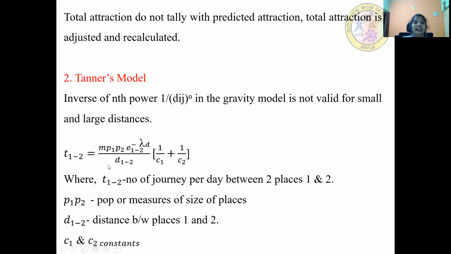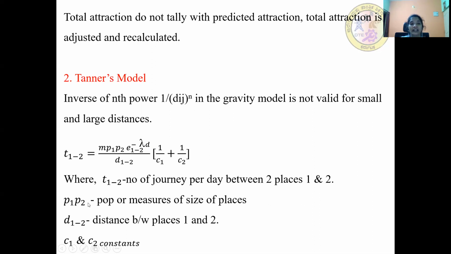Here T12 = m P1 P2 e^(-lambda d12) / d12 multiplied by 1/C1 + 1/C2, where T12 is the number of journeys per day between two places 1 and 2.